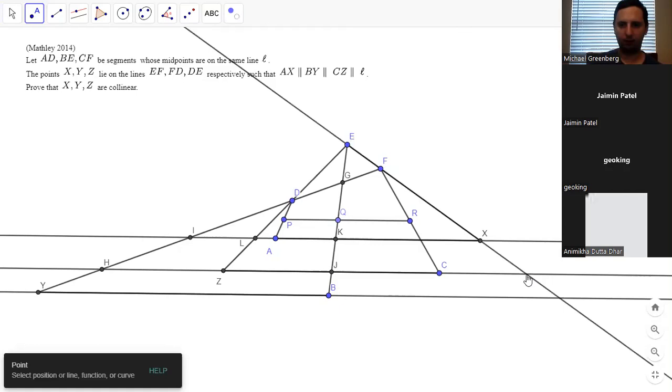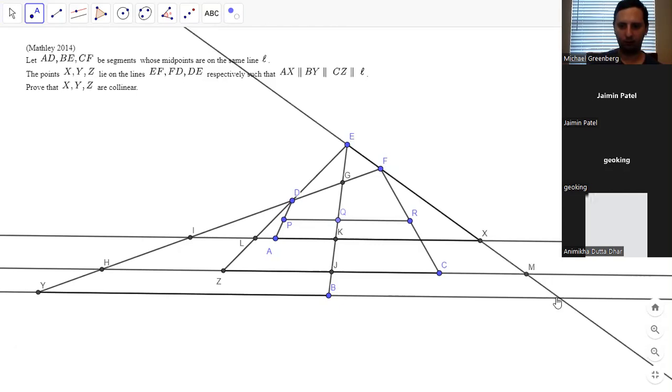So if I draw these points, oops, this is covering it up. So yeah, I want to calculate HZ over IX.